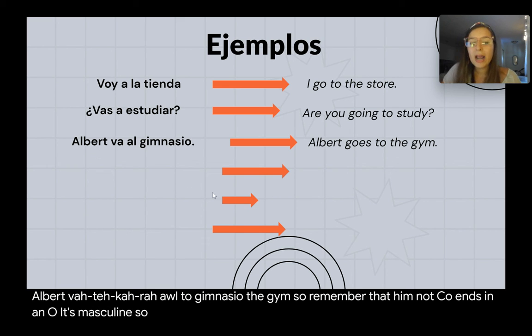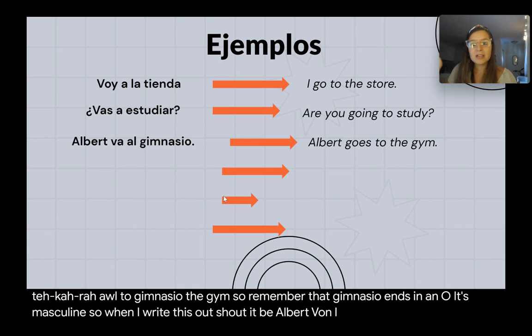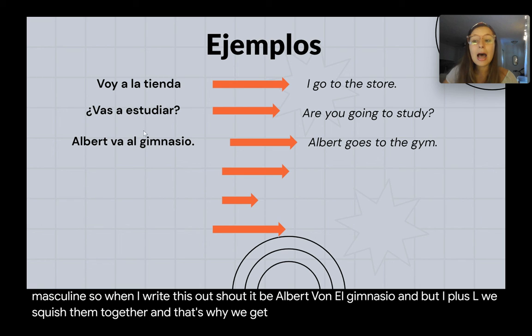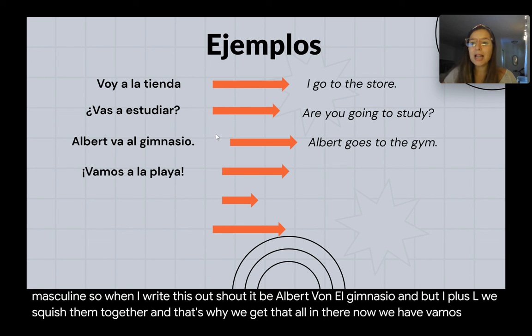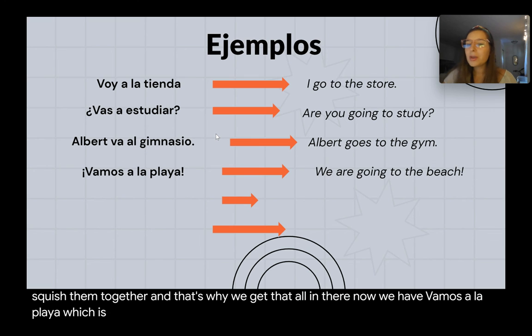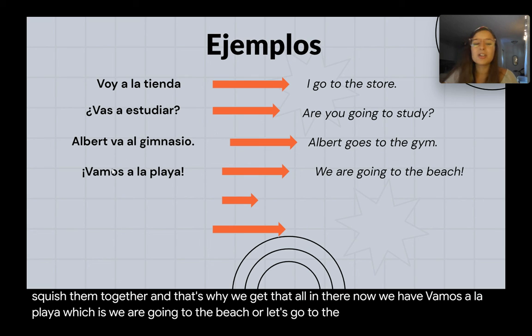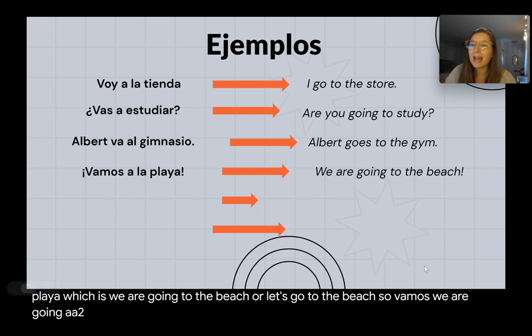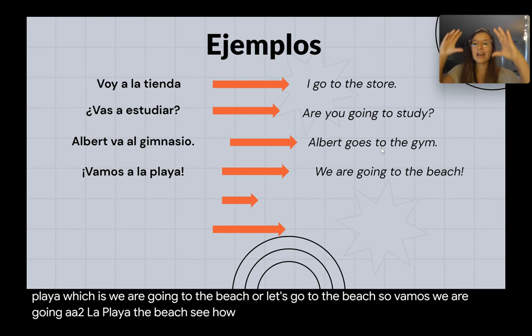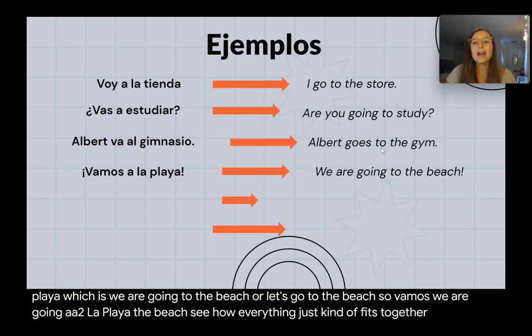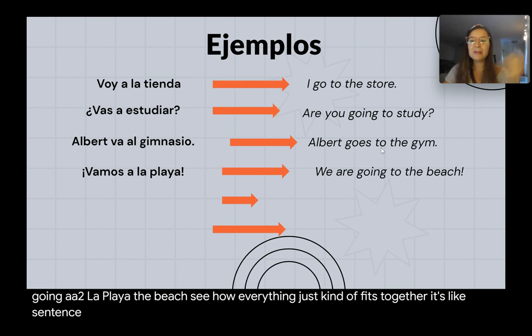So when I write this out, it'd be Albert va a el gimnasio, but a plus el, we squish them together, and that's why we get that al in there. Now we have vamos a la playa, which is we are going to the beach, or let's go to the beach. So vamos, we are going to la playa, the beach. See how everything just kind of fits together? It's like sentence puzzle building.